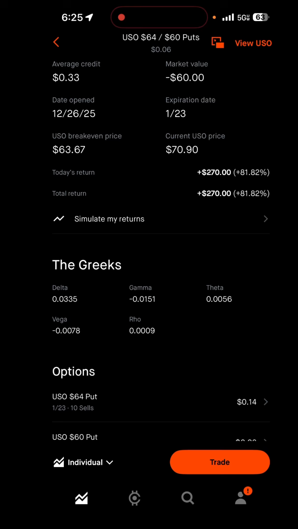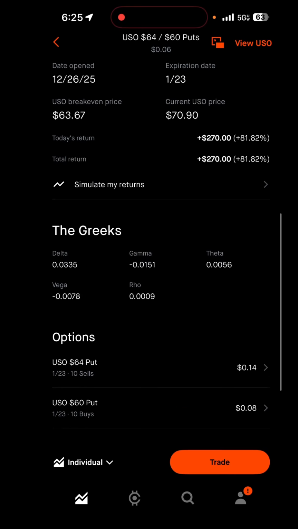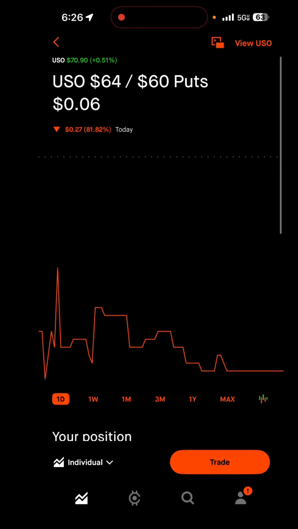The gamma is about half of what it was, and the theta is about half. So we've squeezed a lot of the time decay out of this trade already, just 2 weeks in. You can see that the sell is only selling for 14 cents and the buy is for 8 cents. So we have a net of 6 cents.